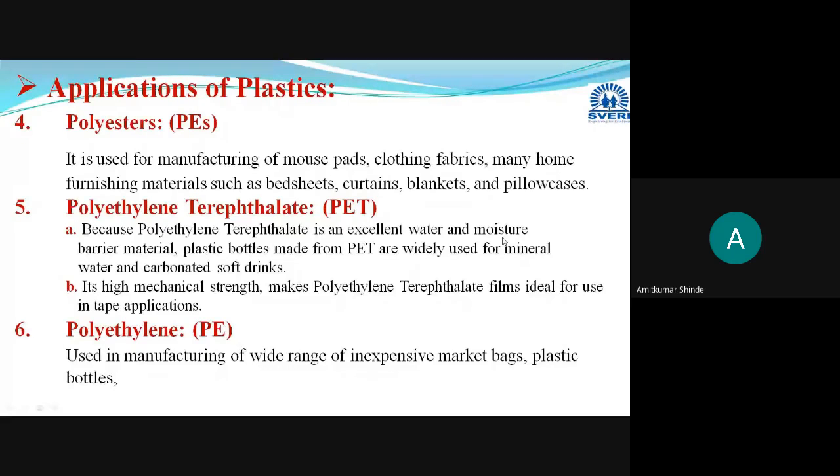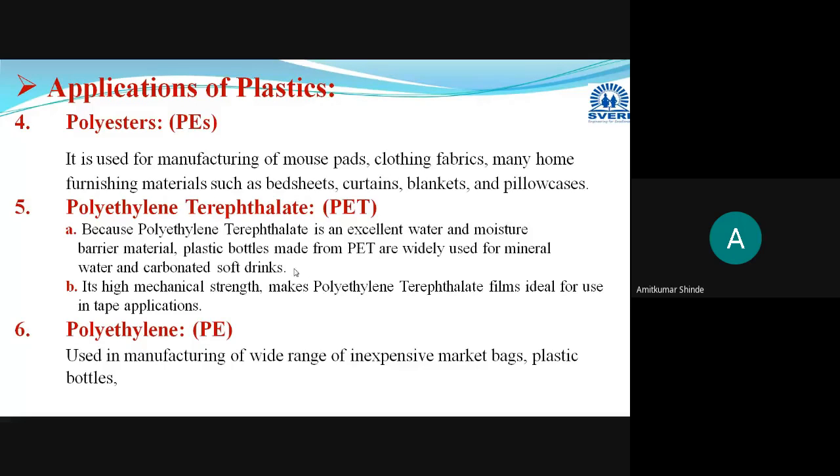That's why it is used to manufacture plastic bottles. Different plastic bottles are manufactured with the help of PET only. Why do we use PET? Because it acts as an excellent barrier material for water and moisture.